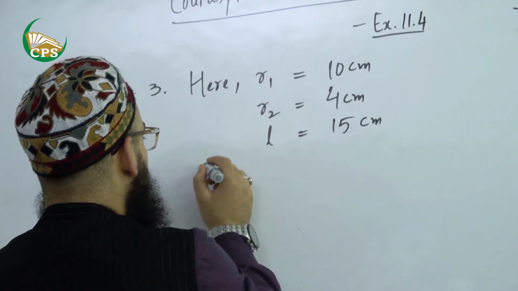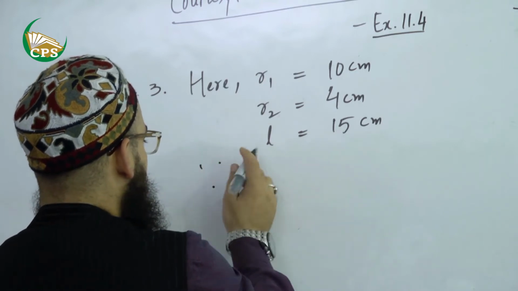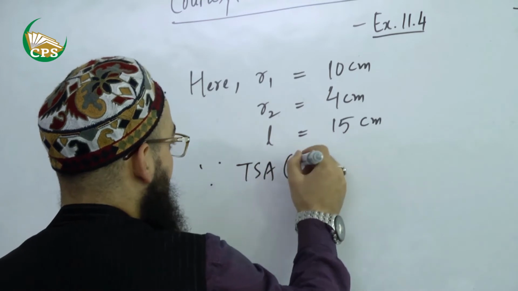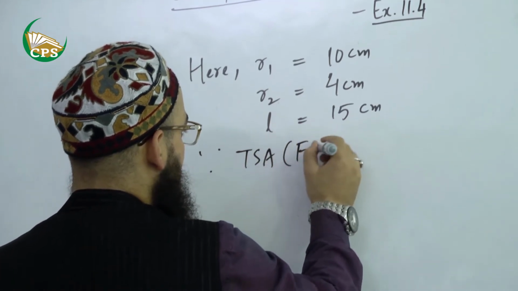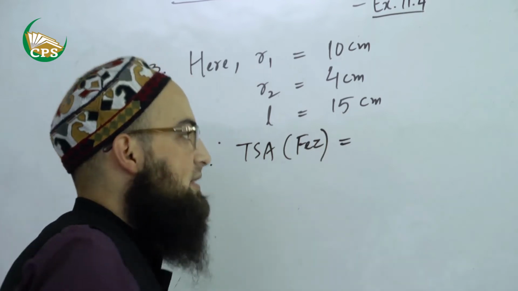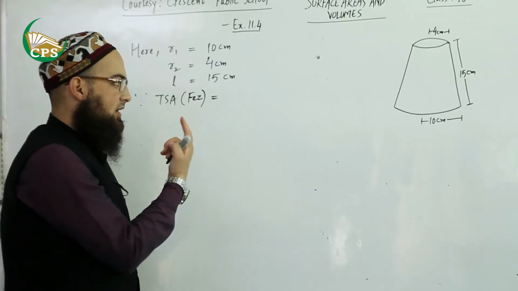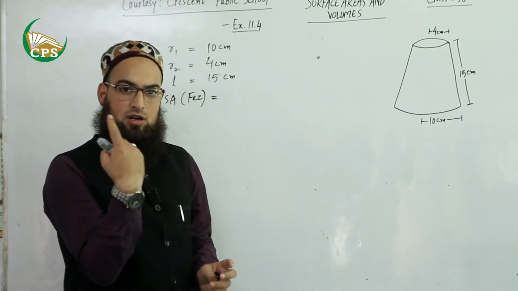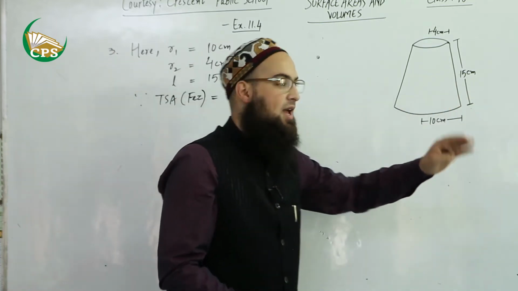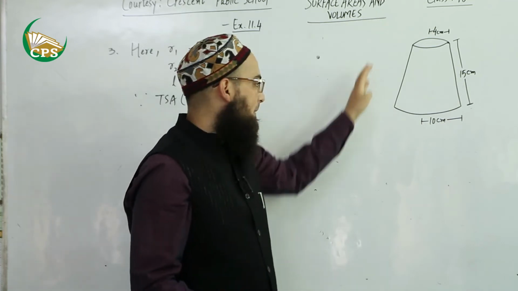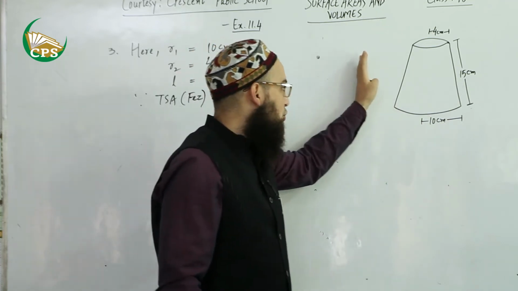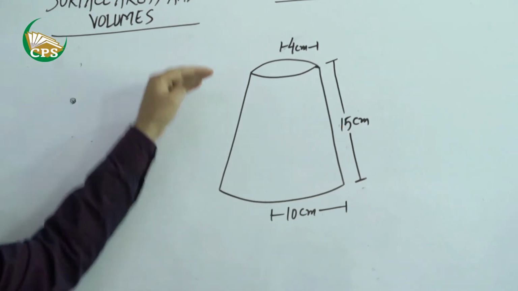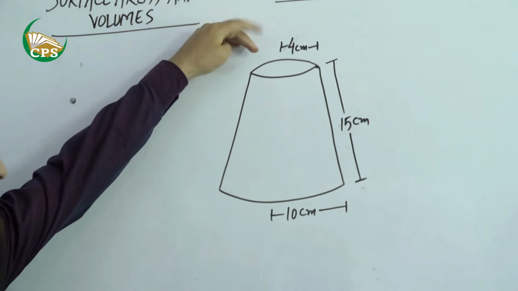Therefore, let me first get the area. You can get the total surface area of the fez in two ways. Either the curved surface area of this frustum plus the area of the top, because the bottom part is excluded, point number one.